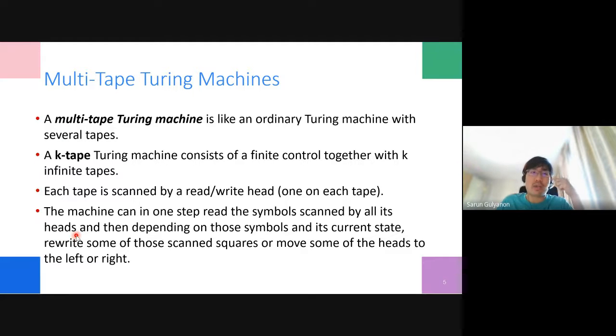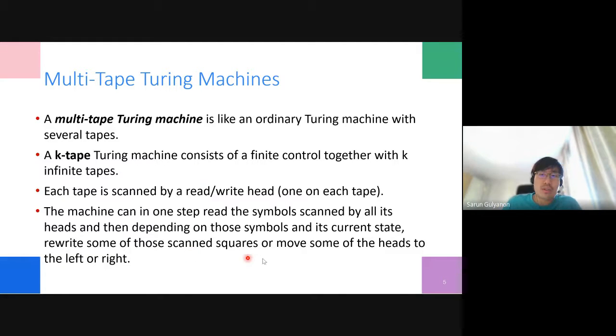At the same time, it can write at most one symbol back into every tape, and only at the location where the head is. Basically, you can think of it this way: the multi-tape Turing machine just has multiple tapes and also multiple heads that you can exploit.